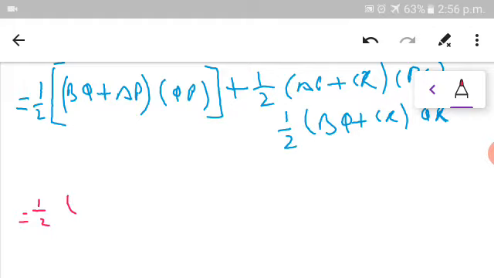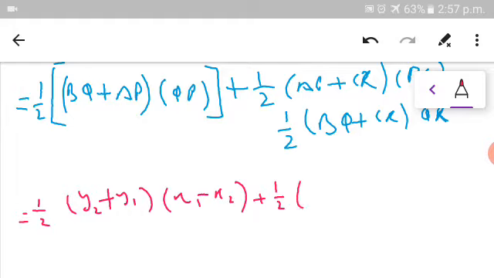That is y2, plus AP, that is y1, multiplied by QP. QP is what? That is OP minus OQ. It means x1 minus x2, plus 1 by 2.